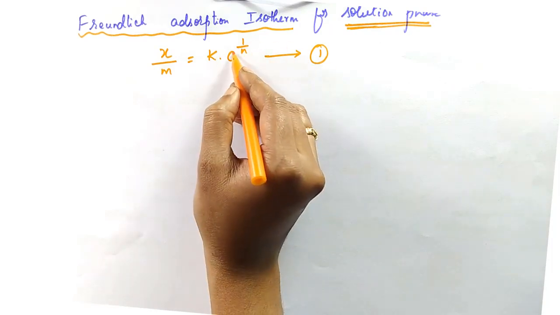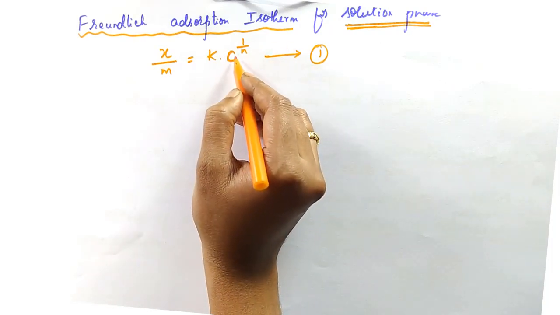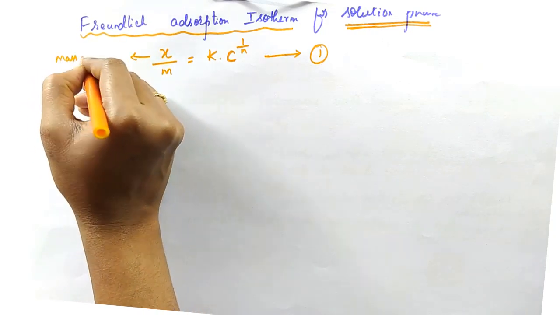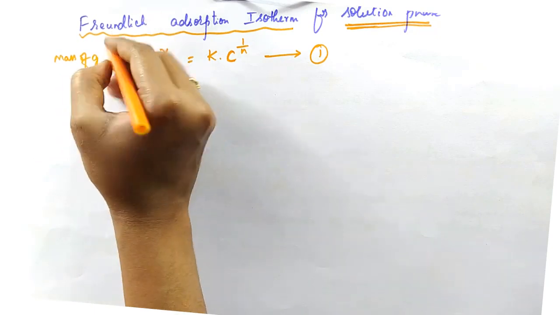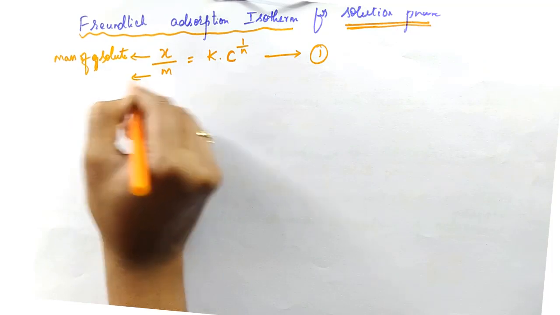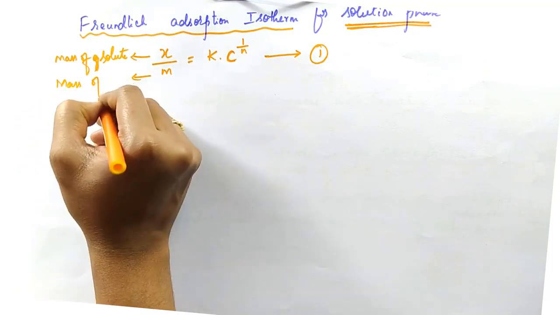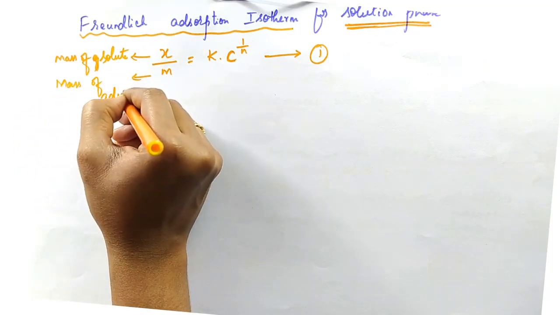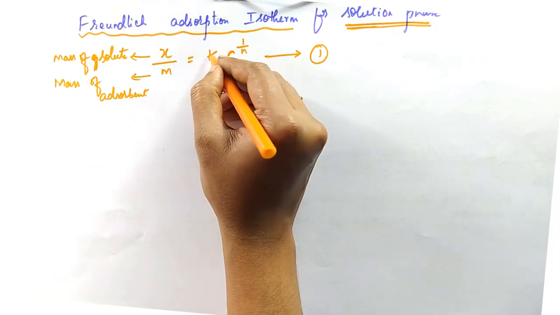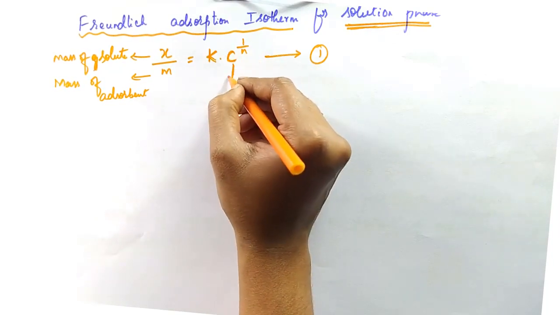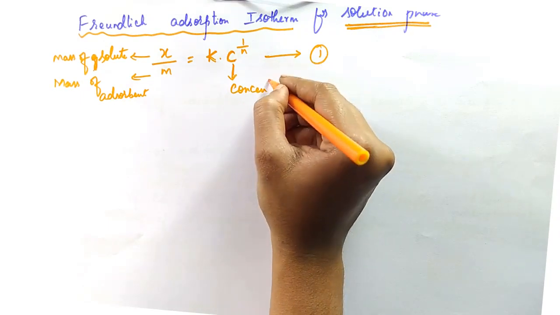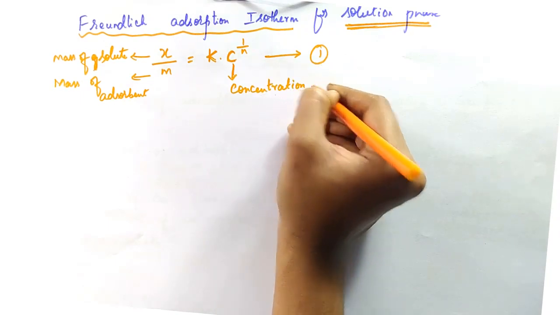Here in the solution, we are mentioning c, that is concentration. x indicates mass of solute, and m indicates mass of adsorbent, and k and n are constants, and c is the concentration. These are the terms.